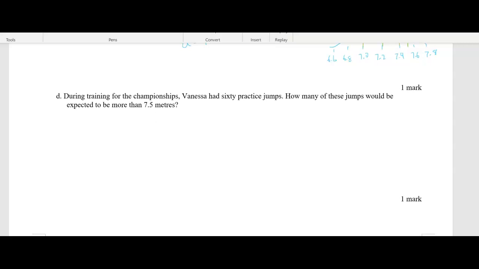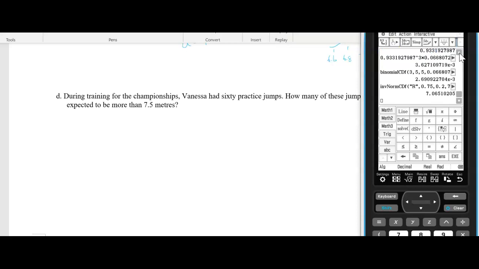All right, so the probability of being more than 7.5 meters, remember we did that on our calculator. I'll just get my calculator back up and scroll up. So it's here. I'm going to copy it again, and then we're going to paste it.